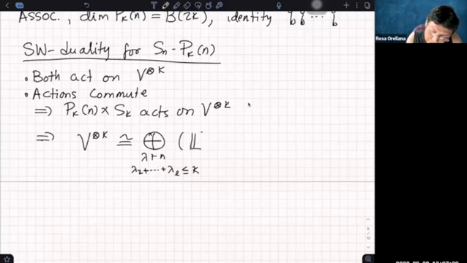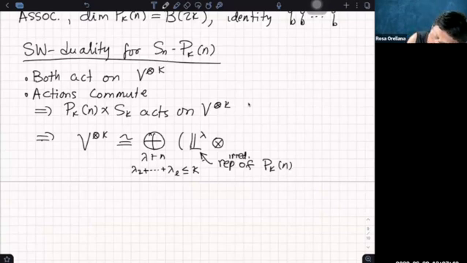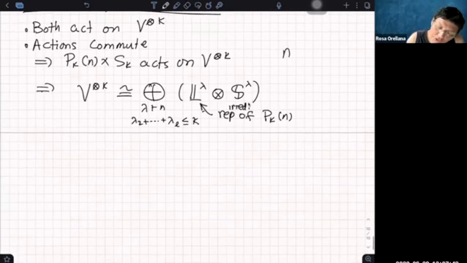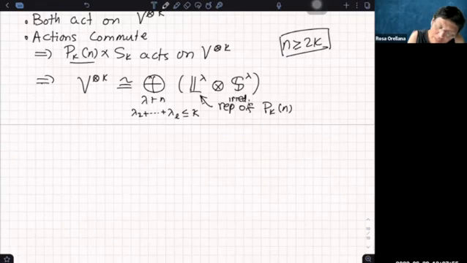These are the irreducible representations of PKn, and these ones are representations of the symmetric group. Here I'm assuming that n is greater than or equal to 2k, because in this case the partition algebra happens to be semisimple, so it will decompose.